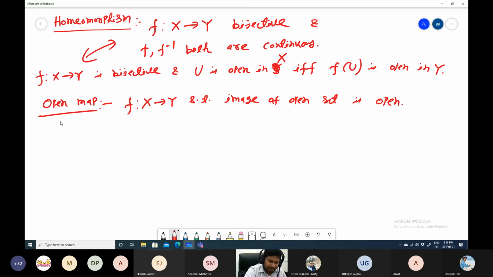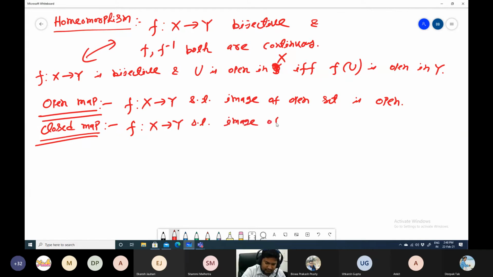Another one is the closed map. It says that F from X to Y is such that the image of a closed set is closed.